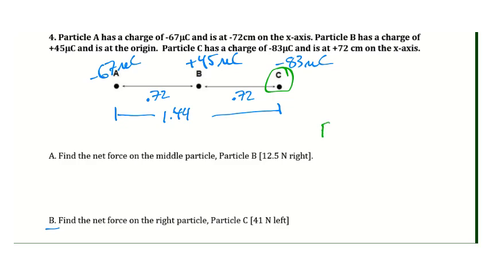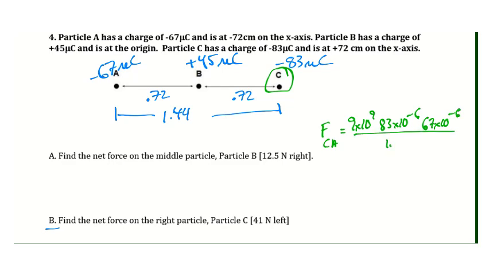So the force, and I'm going to change it to say C and A, so we know which two charges we're dealing with. So it's 9 times 10 to the 9th. Charge C is the 83 times 10 to the negative 6th. Charge A is 67 times 10 to the negative 6th.